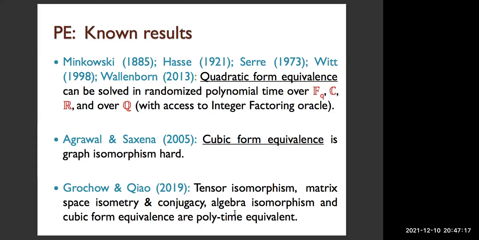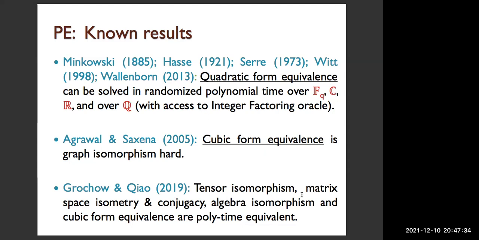For example, due to recent works by Grochow and Qiao that built on several other earlier works, they showed that a bunch of problems are actually polynomial time Turing reducible to each other, right?